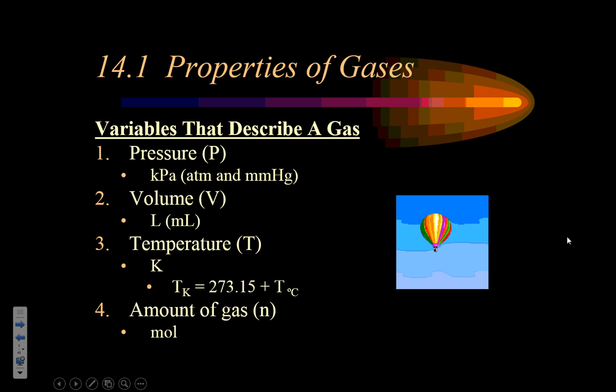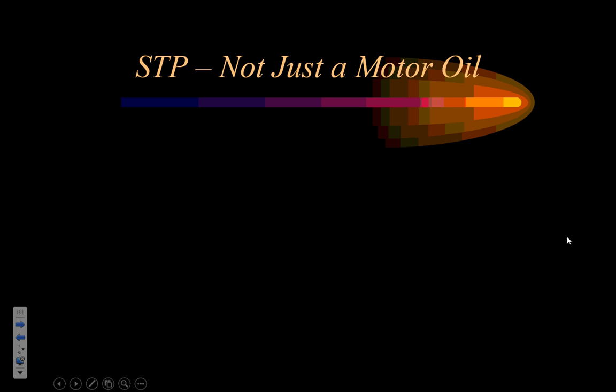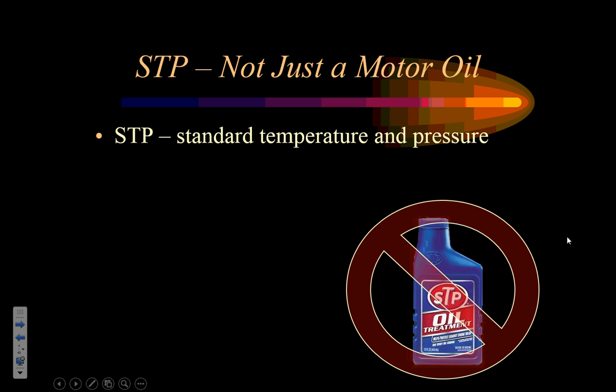And what we're going to be looking at is different mathematical relationships between sets of these variables. Now, one of the things that you're going to see from time to time in this chapter is an acronym, STP. Now, if you know anything about cars, no, we're not talking about motor oil here. What we're talking about is standard temperature and pressure. And this should look familiar because we started to see this in our discussions from last chapter when we talked about gases.